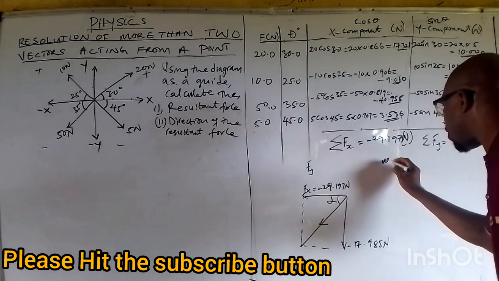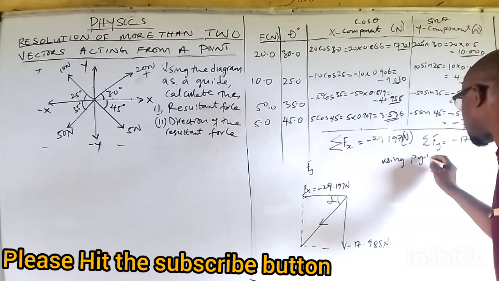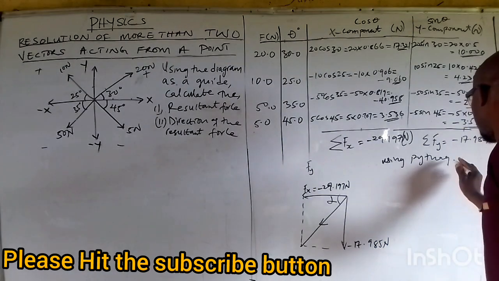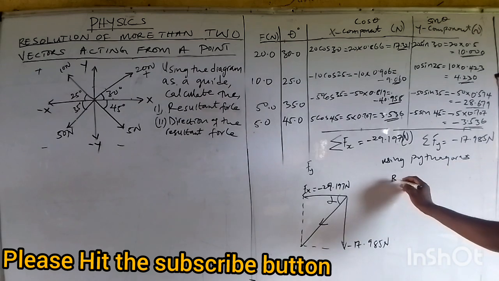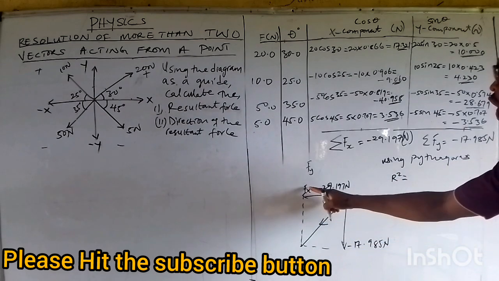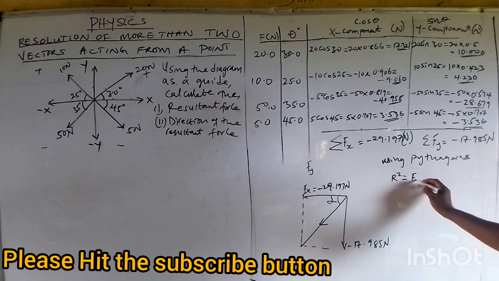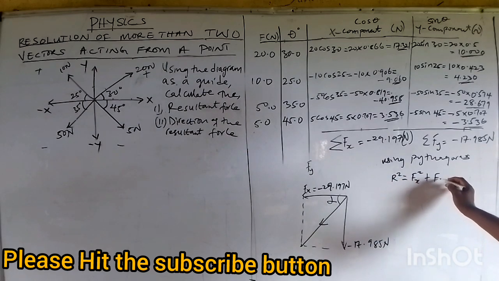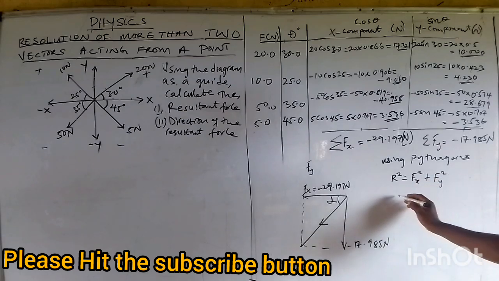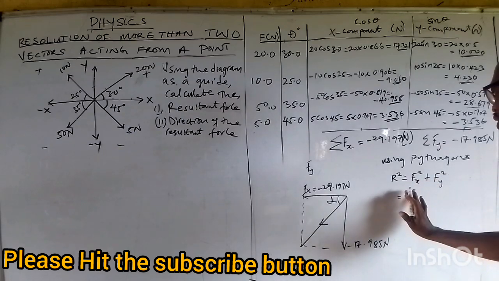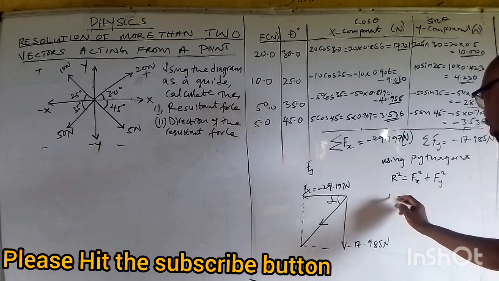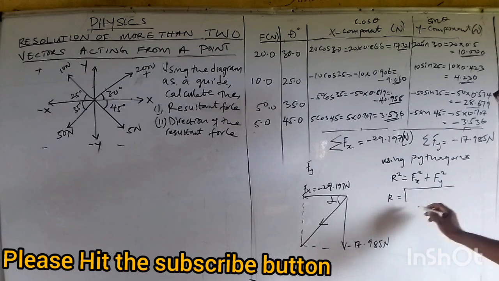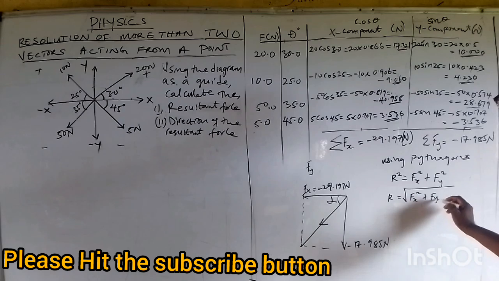So using Pythagoras theorem, we now have R squared is equal to all the forces along the x component, Fx squared, plus all the forces along the y component squared, and of course R itself is the square root of this. So let us take it straight: square root of Fx squared plus Fy squared.